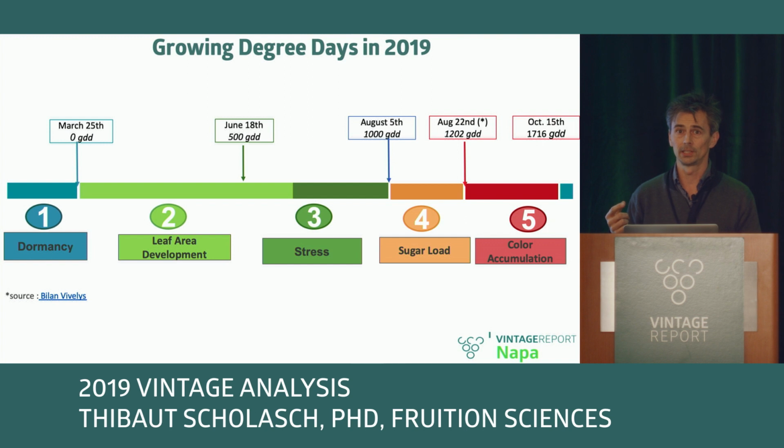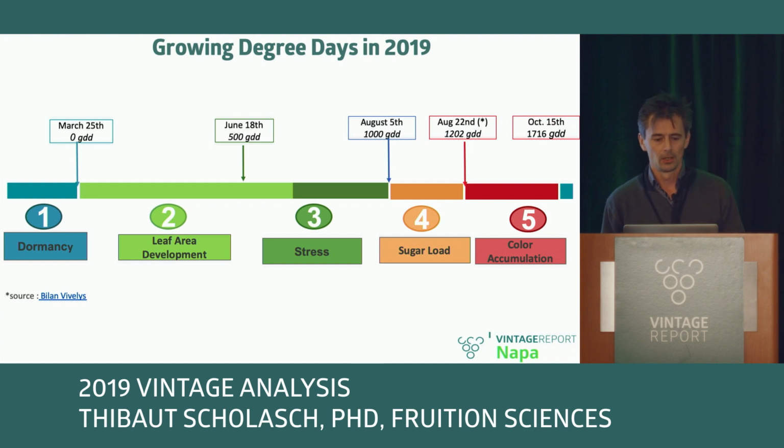So 1 growing degree day is 1 day spent with an average temperature of 11 Celsius. And if average temperature during 1 day is 20 Celsius, then we accumulate 10 growing degree days. So average temperature below 10 degrees Celsius is neutral for the plant.